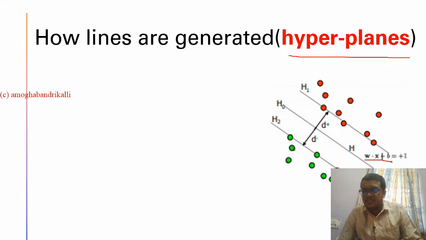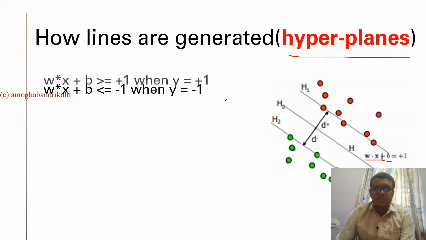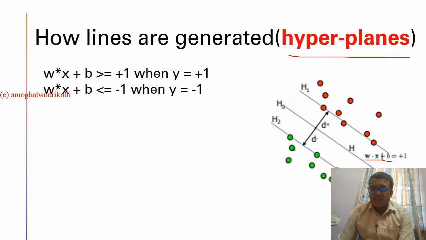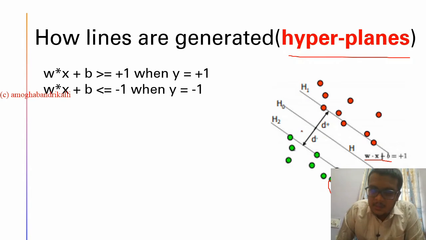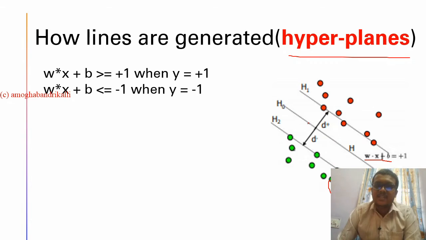By using this equation: w into x plus b is equal to plus 1. Another equation is w into x plus b is equal to minus 1. This is the margin, and this is another hyperplane, w into x plus b is equal to 0. The middle one is generated after having these two labels.